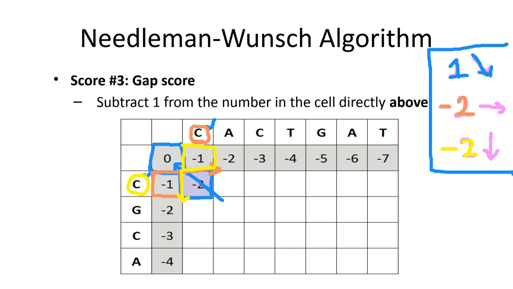In every cell, we have to check those 3 things: diagonal movement, horizontal movement, vertical movement. We get a score for each. We take those 3 numbers, and the number that is the highest, that's the winner, and that's the number that we end up putting in that cell. 1, -2, -2.